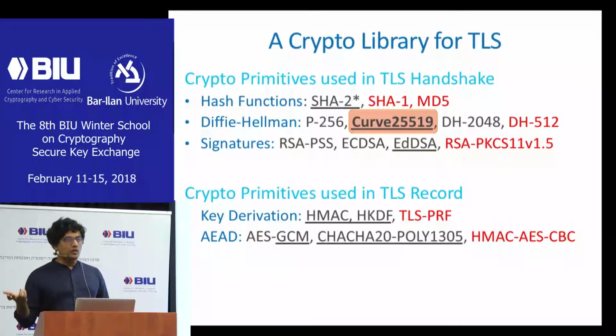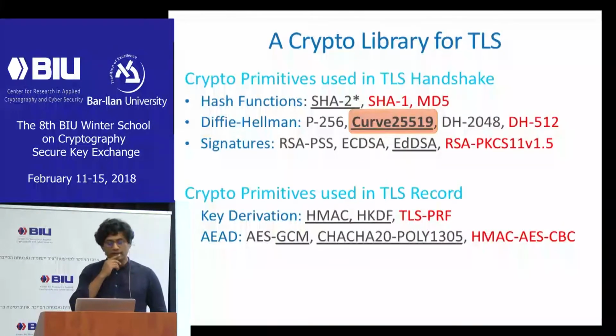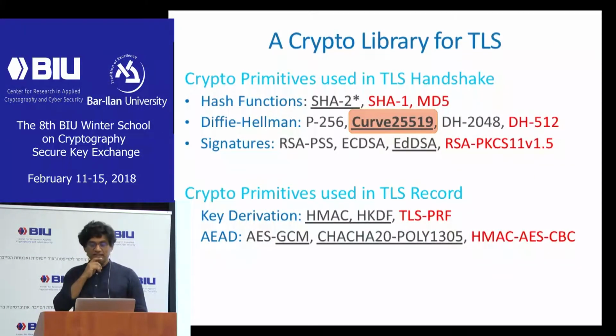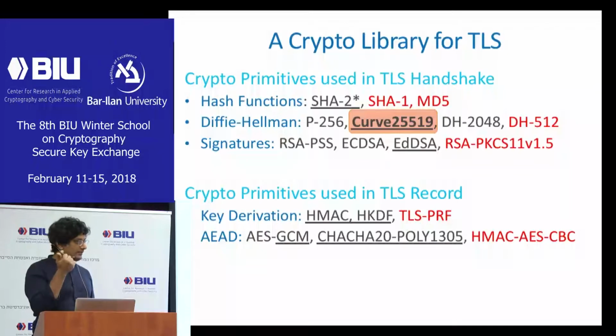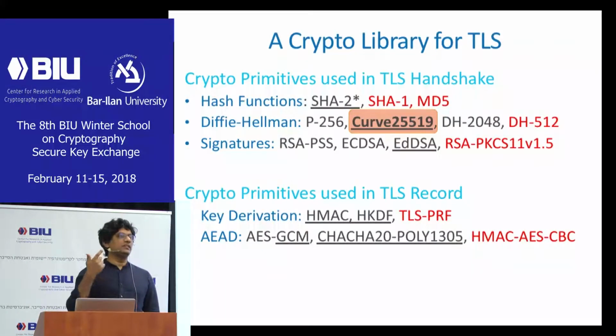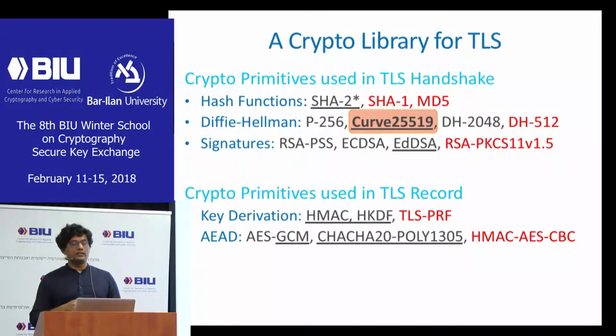You might also do mod P Diffie-Hellman using, hopefully, at least 2048-bit groups. Hopefully you're not using DH512 anymore. You need signatures, and for TLS 1.3 you need RSA PSS. For TLS 1.2 you need RSA PKCS1 v1.5 signatures. You may also need ECDSA signatures for your NIST curves if you want, or EdDSA signatures if you're willing to go all the way to Ed25519.